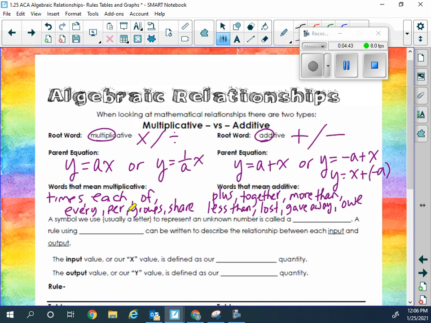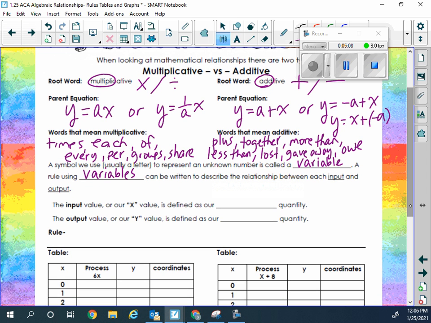A symbol that we use, usually a letter, to represent an unknown number, is called a variable. A rule using variables can be written to describe the relationship between each input and each output. So we talked about these words last week. Input, our value of x. Remember that was always our x.